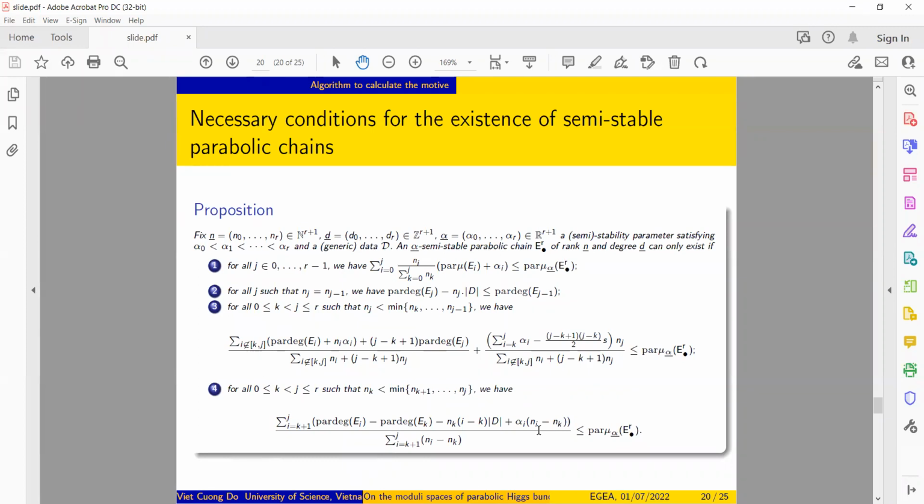Alpha semi-stable Pareto chains can only exist if we have the conditions we wrote here.